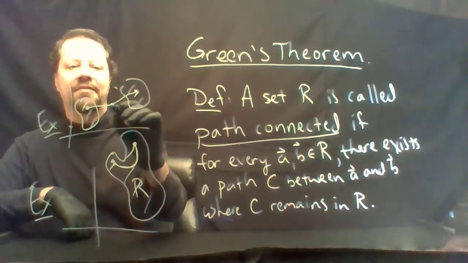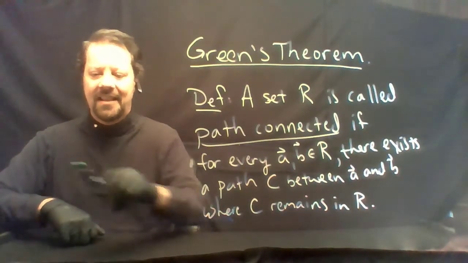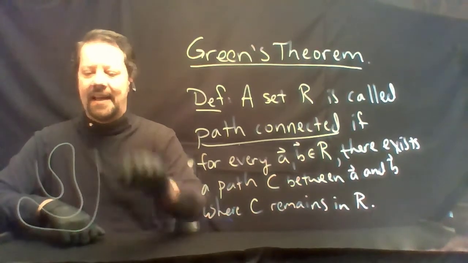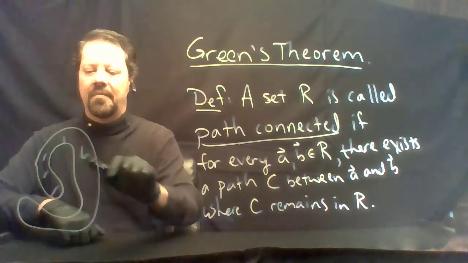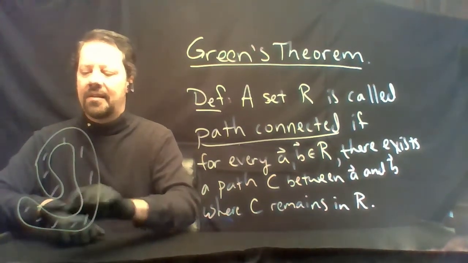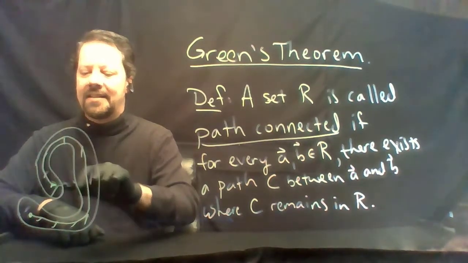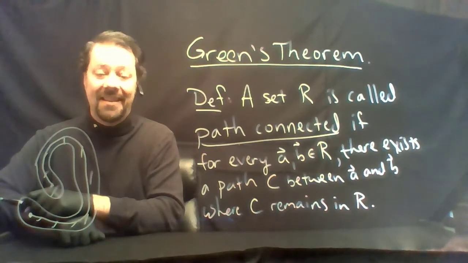It has to leave. Sets that are path connected can be fairly complicated sets. But as long as between every pair of points you can find a path that stays within that set, it is path connected.